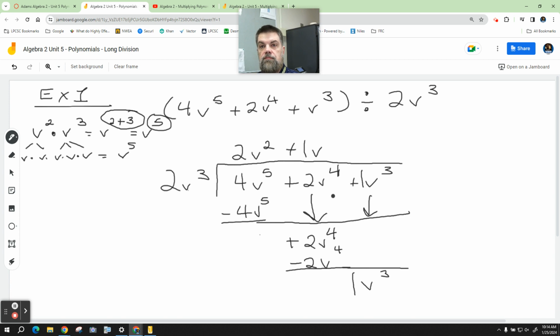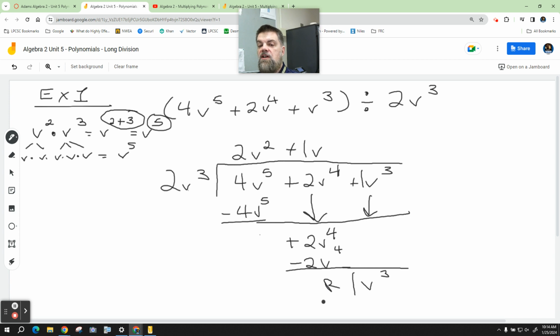So negative 0.5. You could do that. And it wouldn't be negative, it would be positive. You could do that. But 0 is the right kind of thing. This is technically our remainder because 2v cubed does not go into 2v or go into 1v cubed. Okay? So let's call this our remainder.